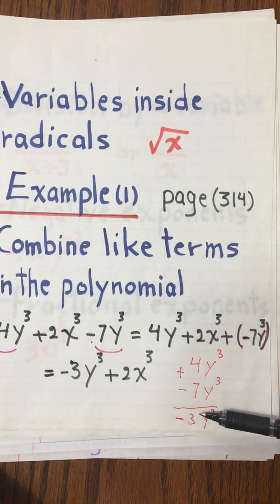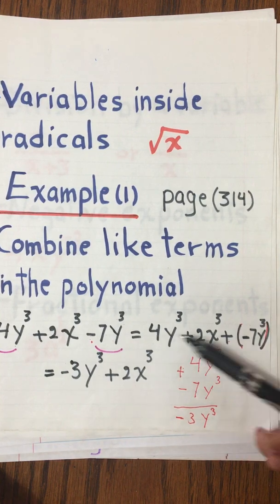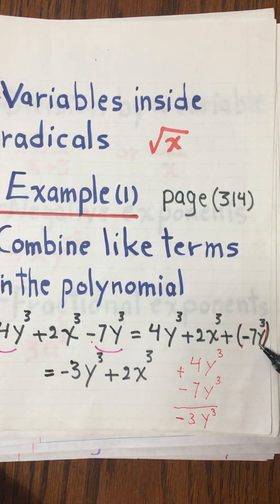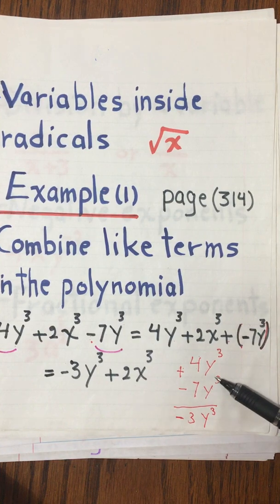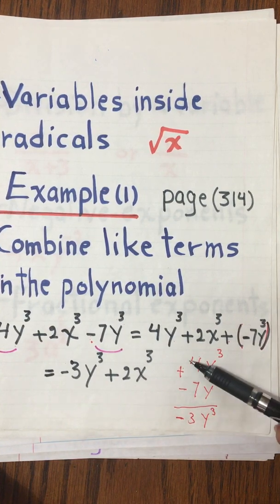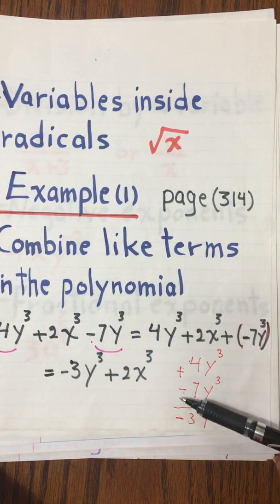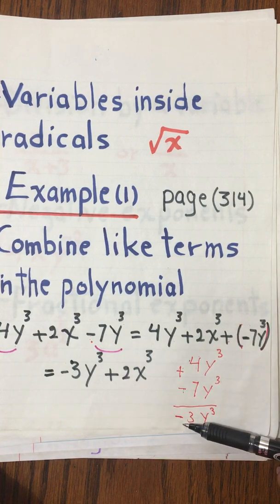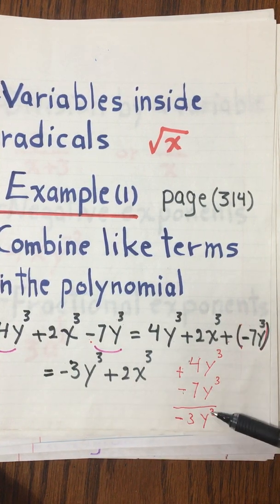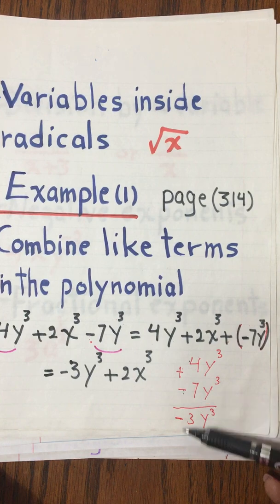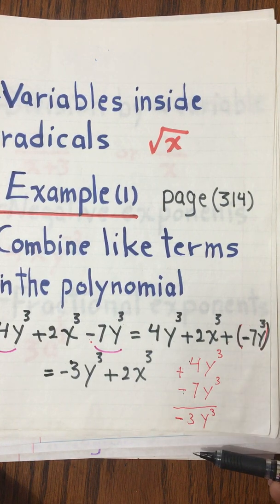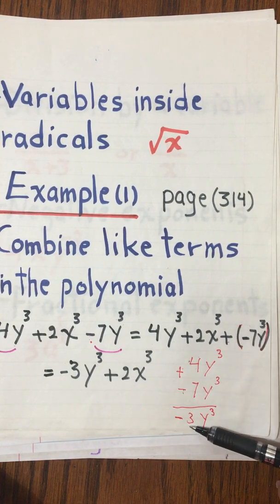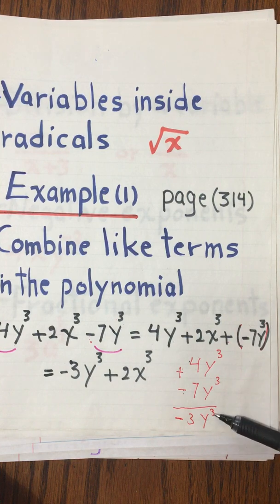So I'm going to add or subtract the coefficients. So right here, 4y to the power 3 and negative 7y to the power 3. I have different signs, positive and negative, so I'm going to subtract. 7 minus 4 is 3, y to the power 3. And keep the sign of the larger number. So the answer is going to be negative 3y to the power 3.